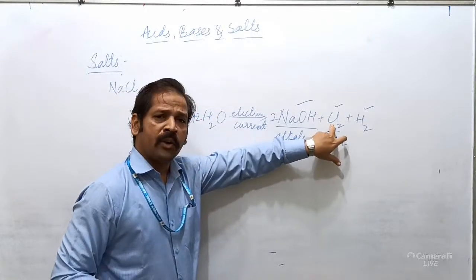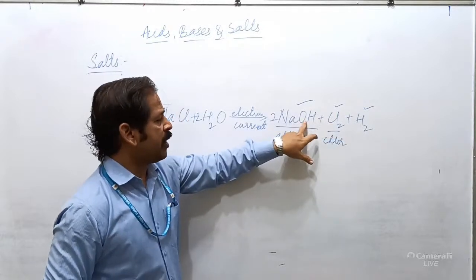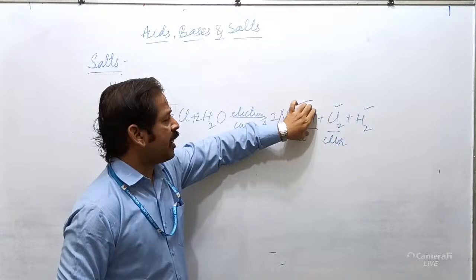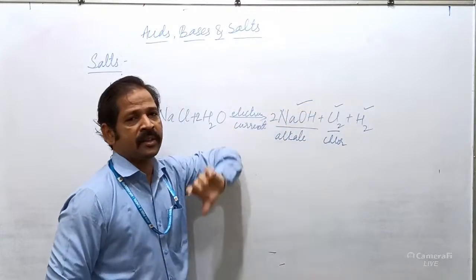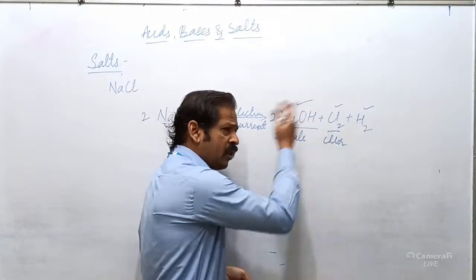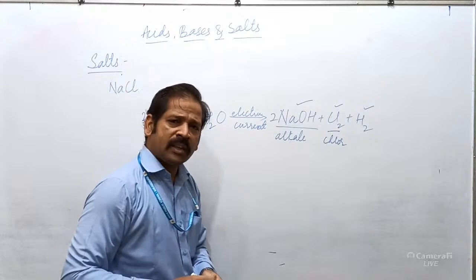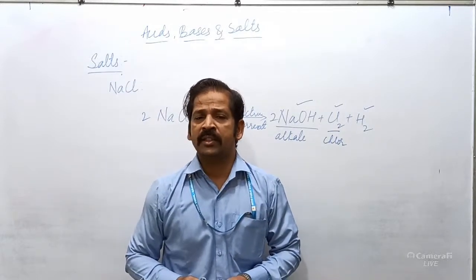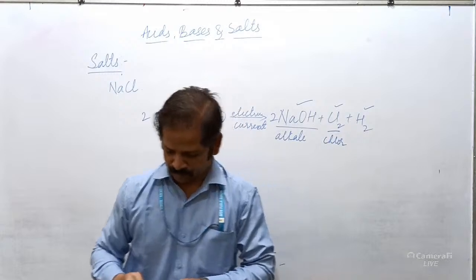Chlorine for the bleaching powder, and sodium hydroxide for making soaps and detergents. Apart from this, we have a lot of uses, which we already discussed in the earlier class. Next, we will go for the second salt, that is bleaching powder.